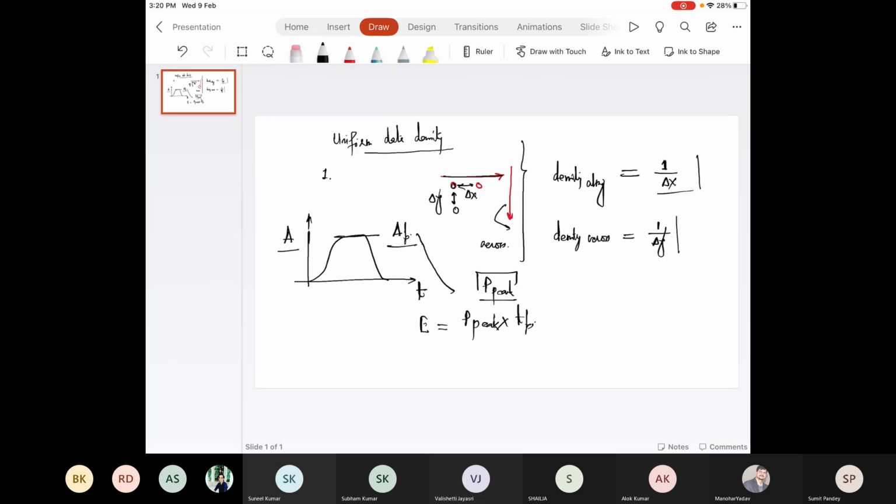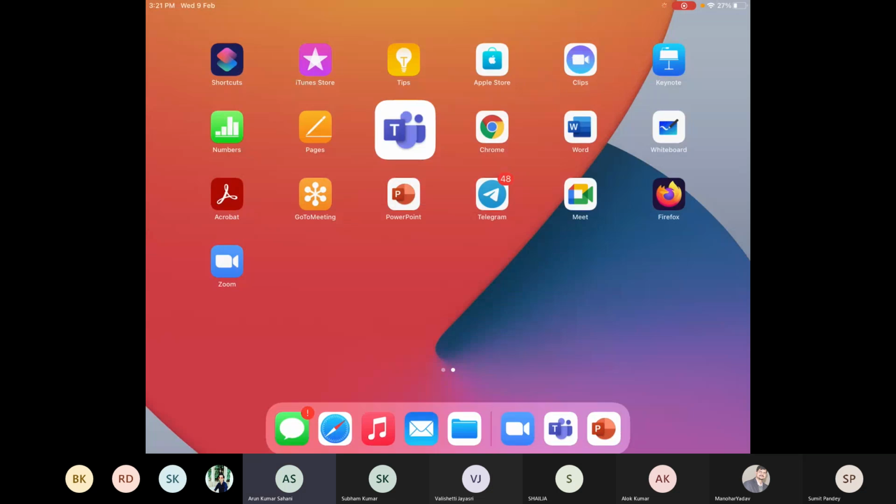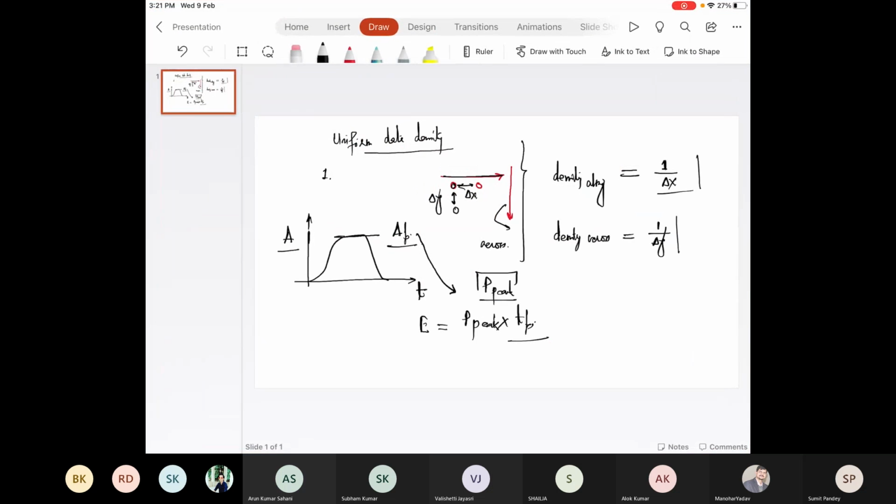Who will tell me what TP is over here? Corresponding to peak amplitude, we have a peak power. Yes, this TP is the pulse width that is calculated at 50%.